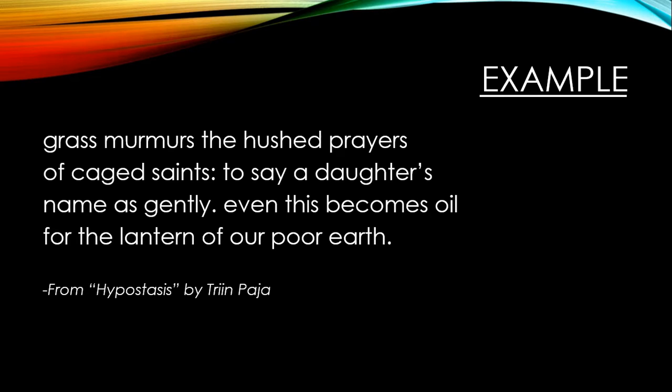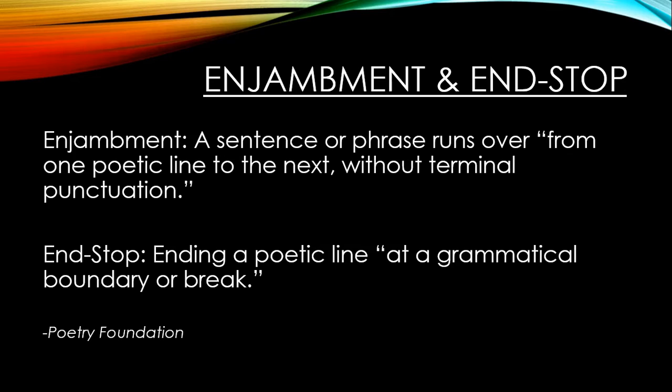To say a daughter's name as gently, even this becomes oil for the lantern of our poor earth. Now, we know that grass can't actually murmur prayers, but this phrase gives a very, very specific sound to the grass. It also creates a unique image.